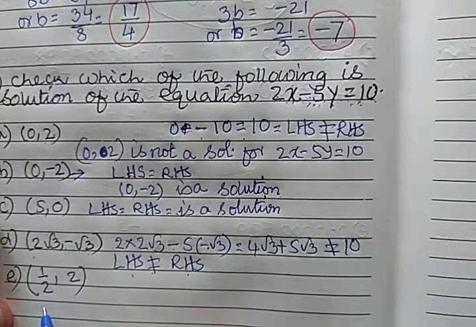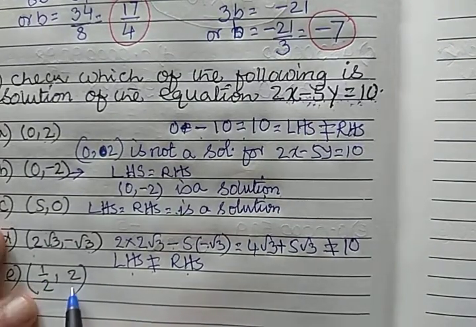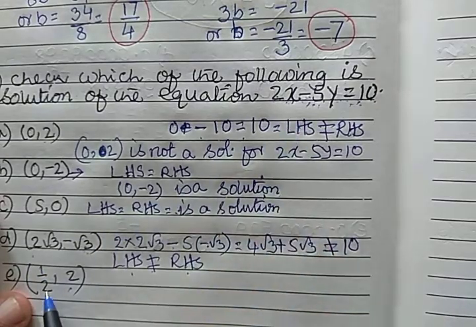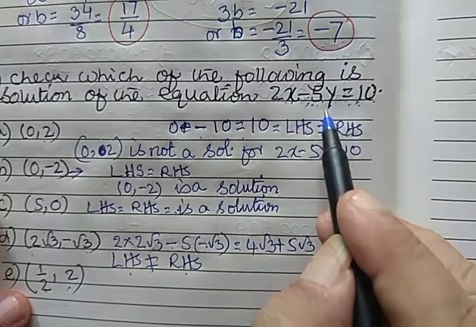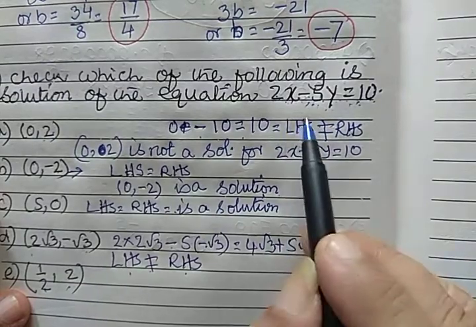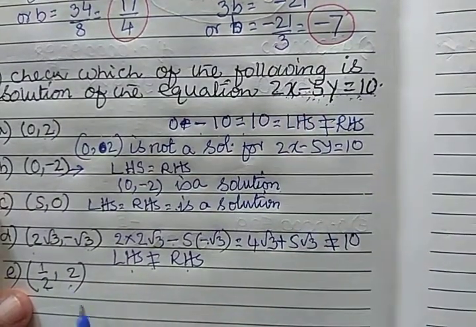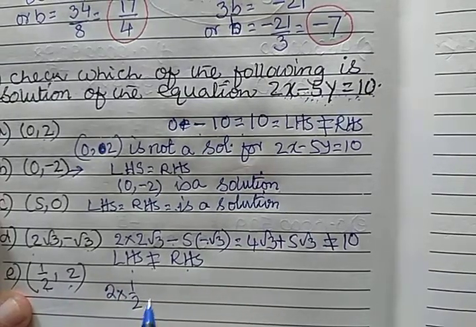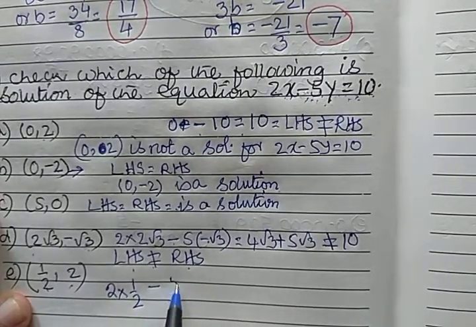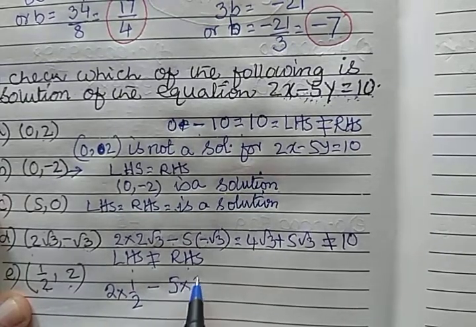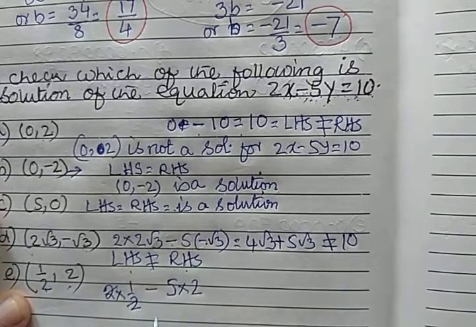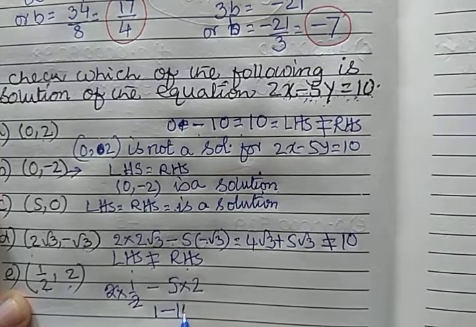Now let us take (1/2, 2). That means let us replace the value of x by 1/2 and the value of y by 2, and check whether LHS is equal to RHS or not. So 2 into 1/2 minus 5 into 2. 2 into 1/2 is 1, minus 10.